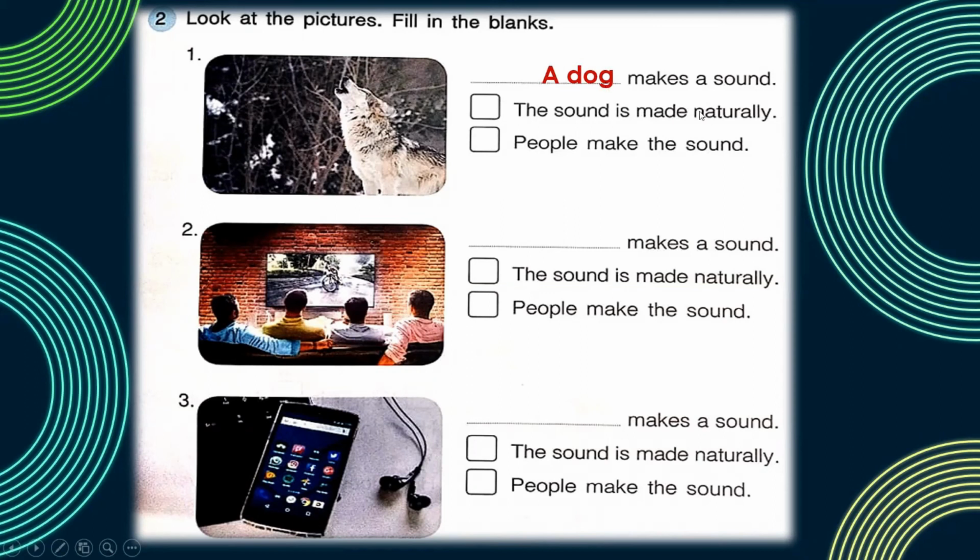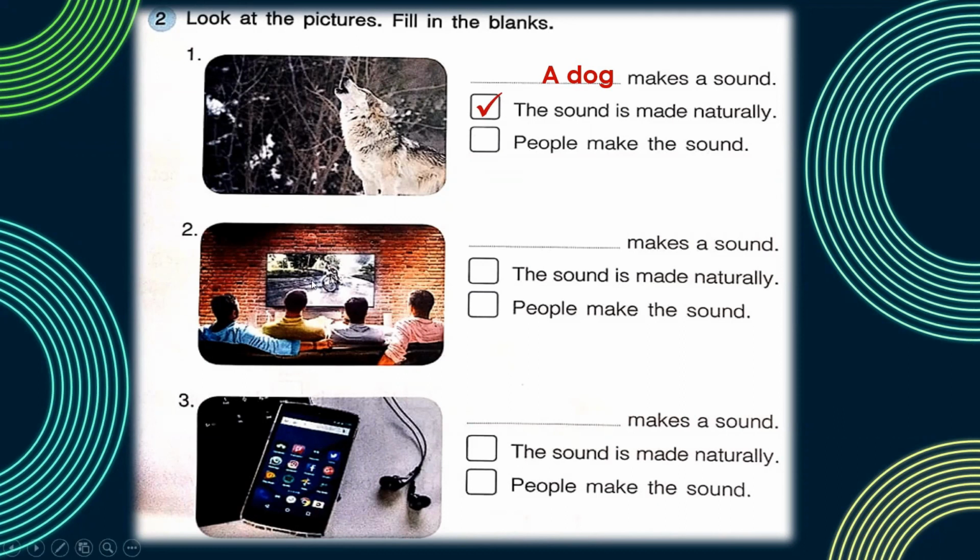Is the sound of the dog a natural or a man-made sound? If your answer is natural source, tick the first box. But if it's man-made, tick the second box.